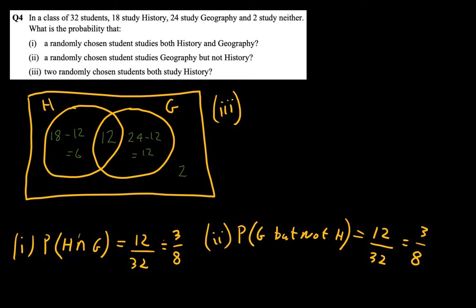Now we've already chosen one person from the class. So that's now going to be 31. We've already chosen one person who studies history. So let's work that out. We've got 18 over 32 times 17 over 31.